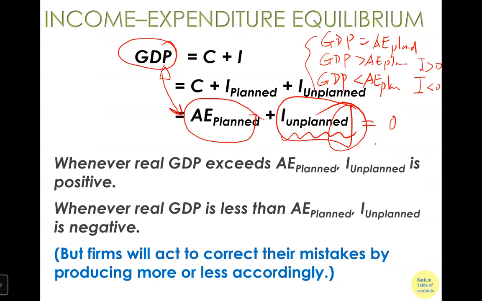Right? But then accordingly, the firms will adjust to correct their mistake. But what was the mistake? Here, in this row, the mistake was the overestimate, right? But now here, the mistake was the underestimate, right? And then they are going to adjust accordingly until we reach equilibrium.